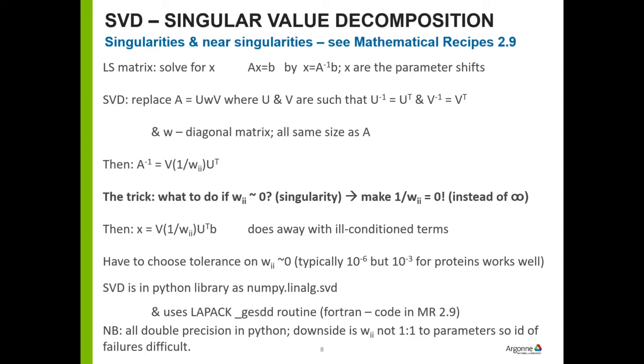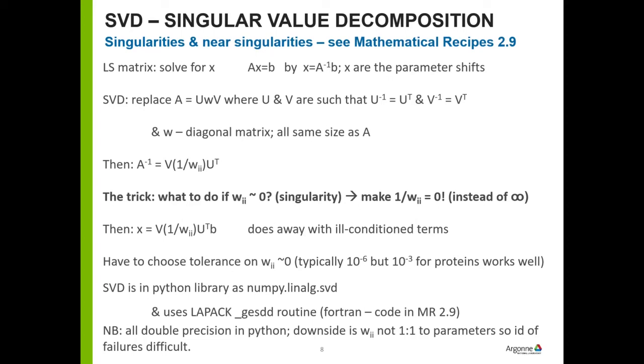U and V are such that each one's inverse is the same as its transpose. That's an interesting trick. U inverse is the same as U transpose, and V inverse is the same as V transpose. And W is a diagonal matrix. All of these things are the same size as the original A matrix. You get 3 50 by 50 matrices, something like that.